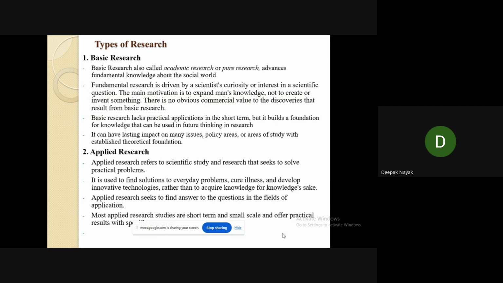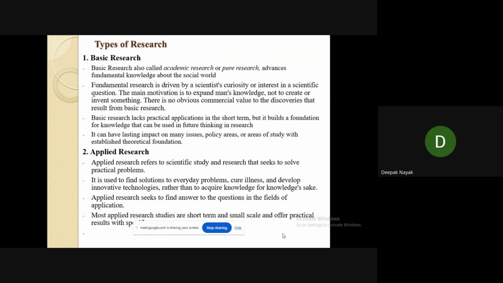It doesn't have a direct connection with application in the field; the practical aspect of research is not very much emphasized in this kind of research.